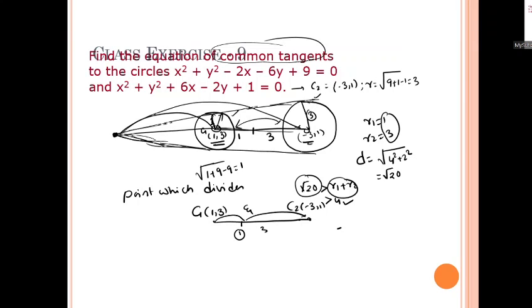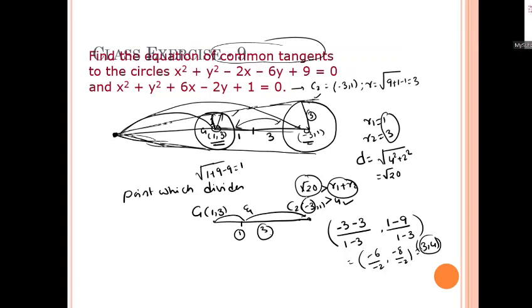So 1 into -3, which is -3, minus of 3 into 1, which is 3, by 1 minus 3. Okay, mx2 minus nx1 by m minus n, and 1 into 1, 1 minus 3 into 3, minus 9, by 1 minus 3. So minus 6 by minus 2, minus 8 by minus 2. So it is (3, 4). Okay, समझ में आया ये?